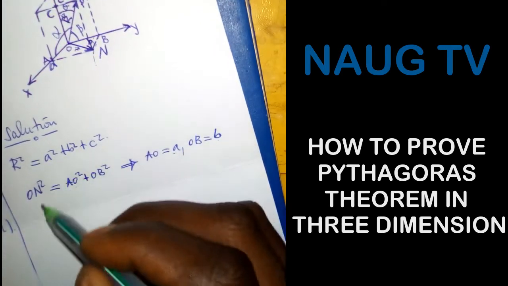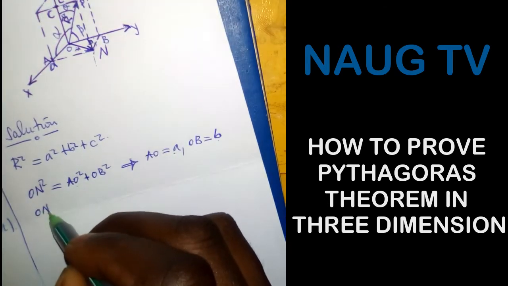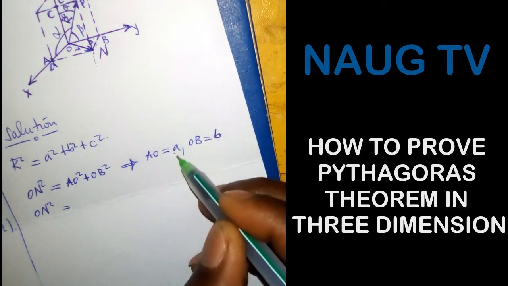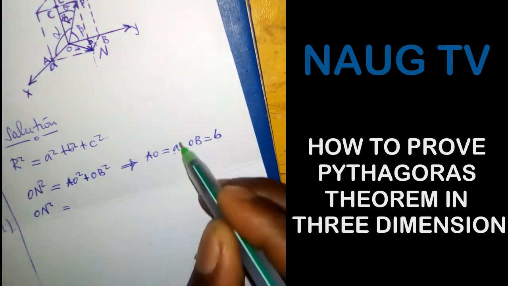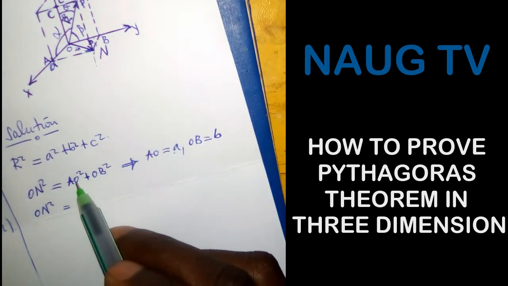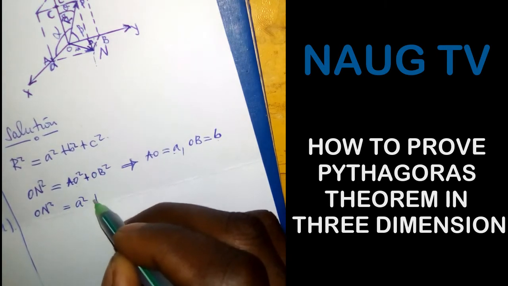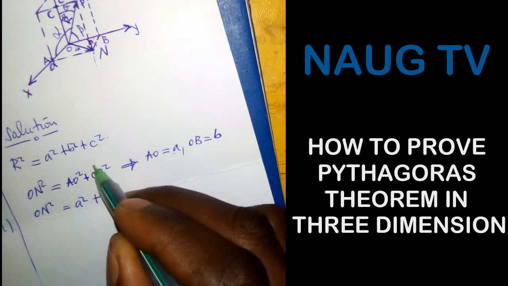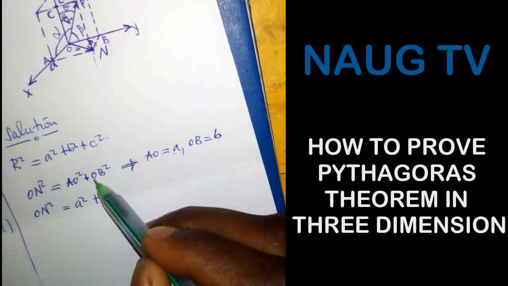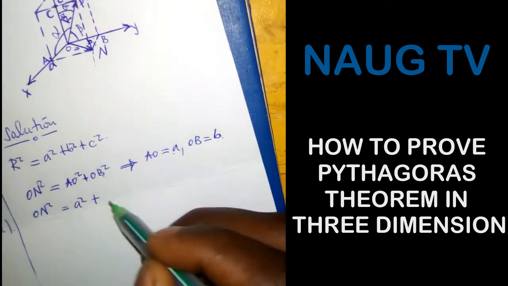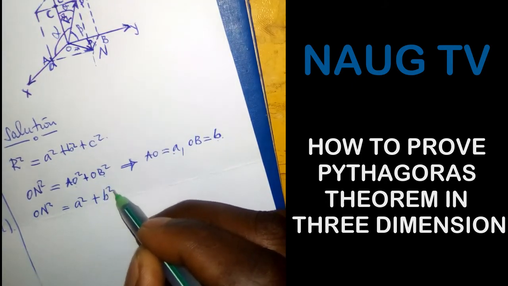So we will get ON squared equals OA squared, which is A squared, plus OB squared. This OB squared, you have seen that it is equal to B squared, so write B squared.